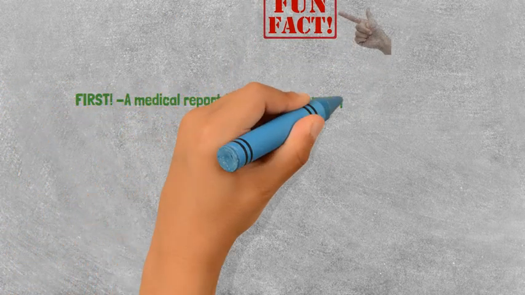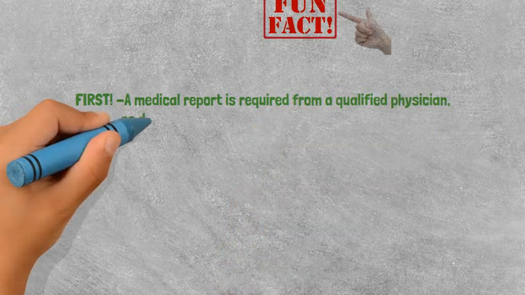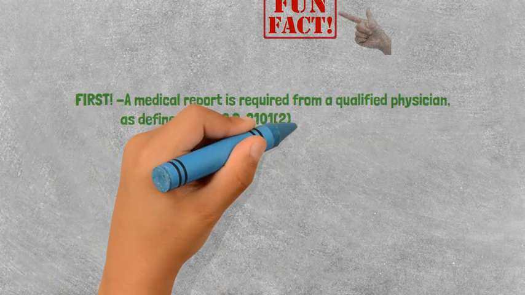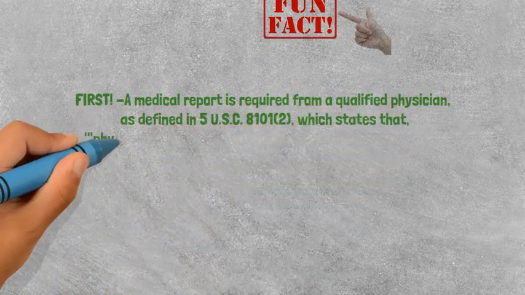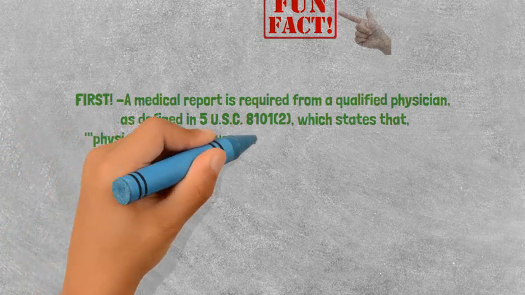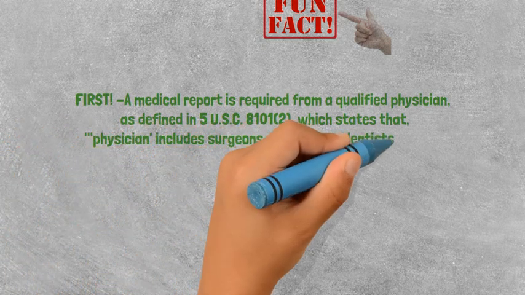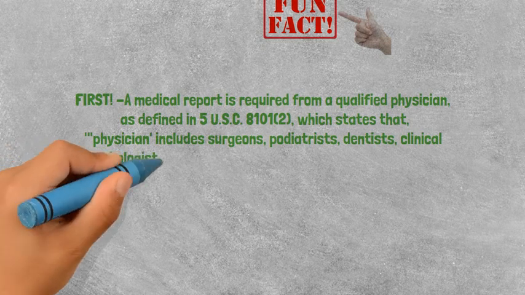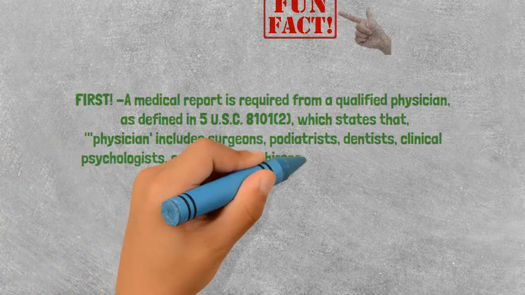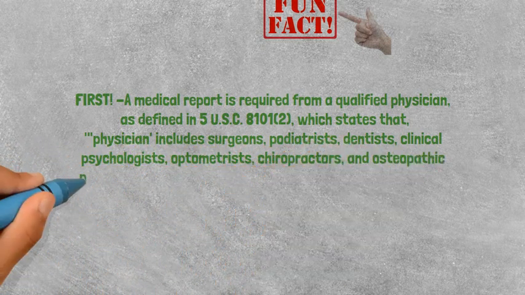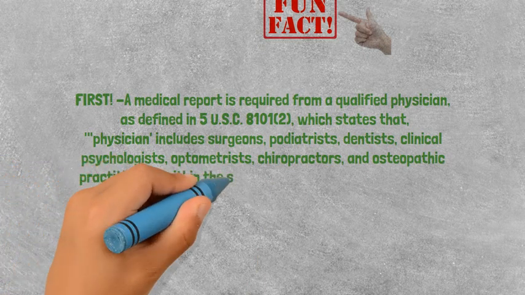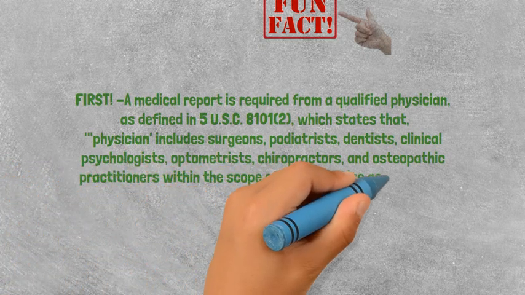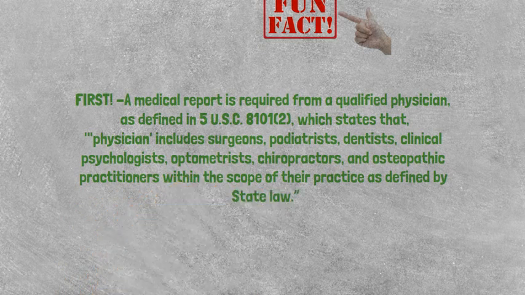First, a medical report or narrative is required from a qualified physician who is an approved OWCP provider, and that is defined in 5 U.S.C. 8101(2), which states that a physician includes surgeons, podiatrists, dentists, clinical psychologists, chiropractors, and osteopaths. There are also practitioners within the scope of their practice as defined by state law.